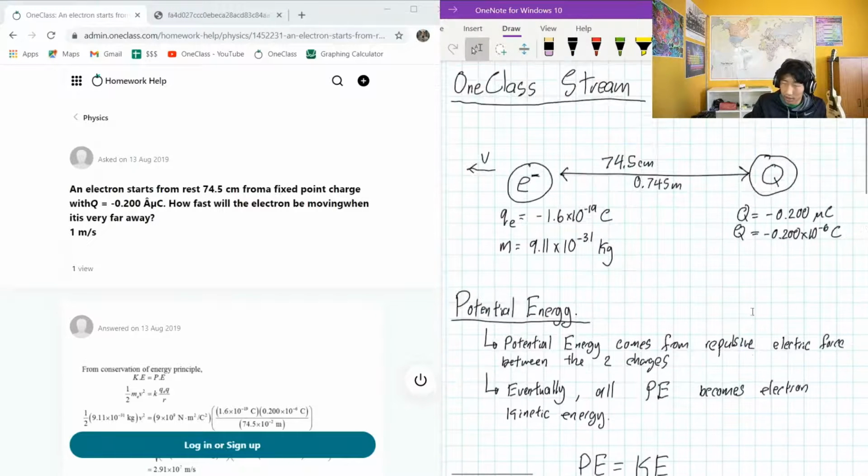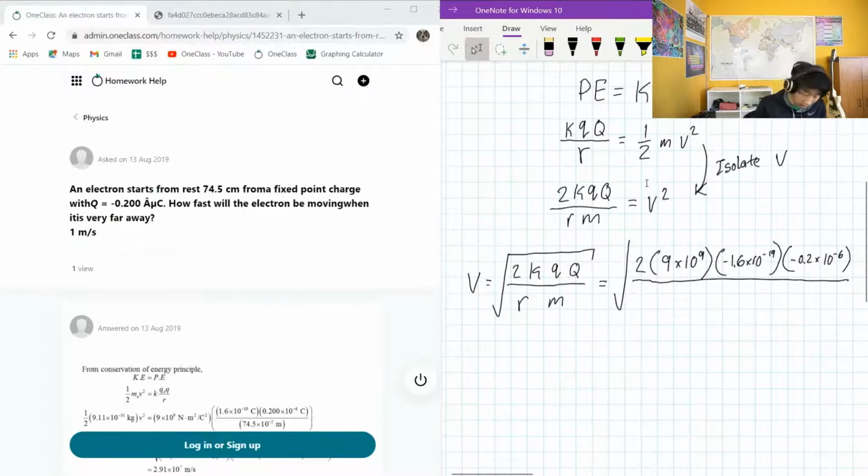R is the separation between them, and that was given by the question as 0.745 meters. And the mass of the electron, we know, is 9.11 times 10 to the -31.